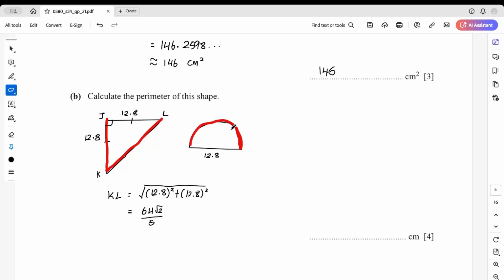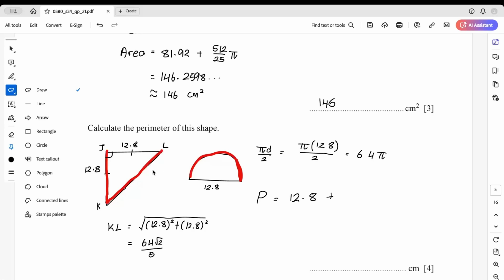Now this part of the circle, you know the full circumference of the circle can be given by the formula pi d, but since we're only finding half of it, you have to divide it by 2. D represents the diameter, which in this case is 12.8, and then you're dividing this by 2, so you get an answer of 6.4 pi in terms of pi.